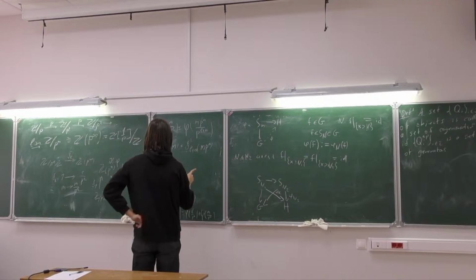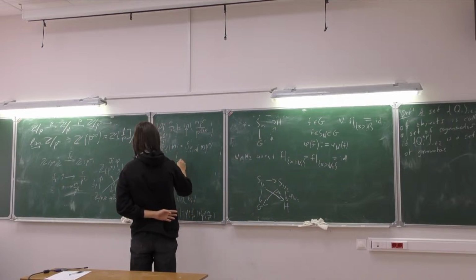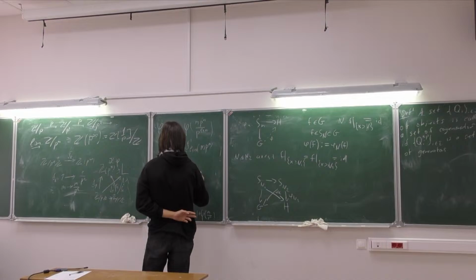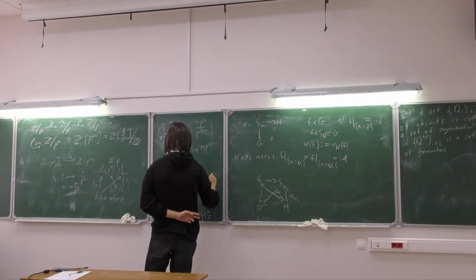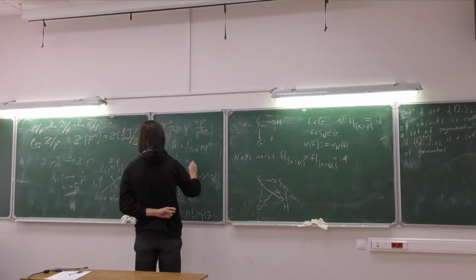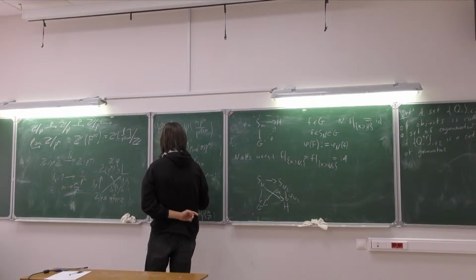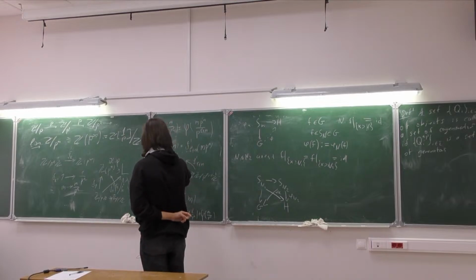We know that phi commutes, so because this triangle is commutative, we'll get that phi is equal to this, because this must commute.